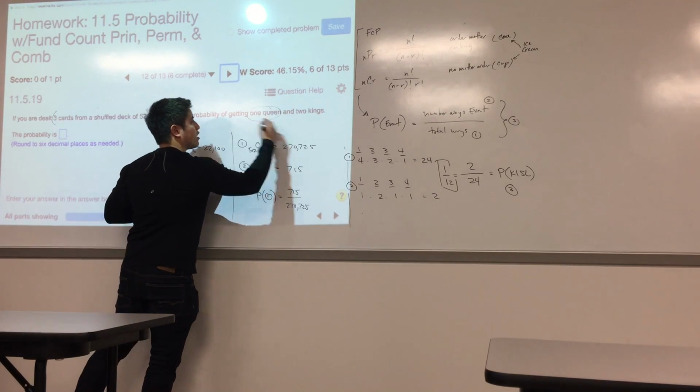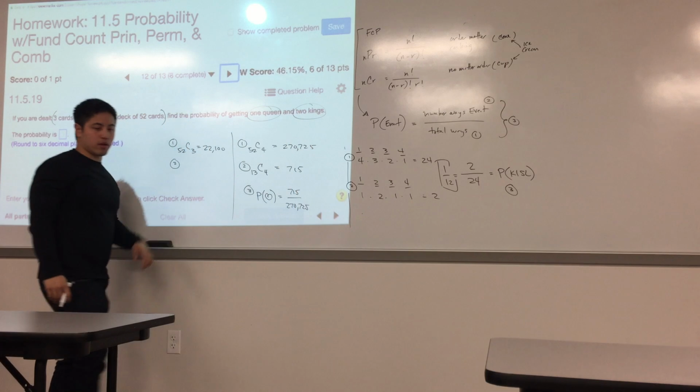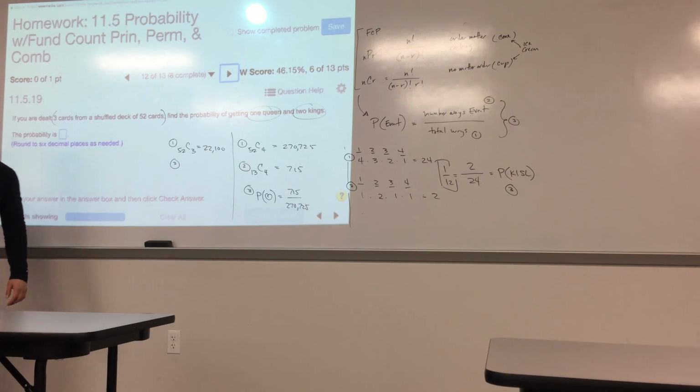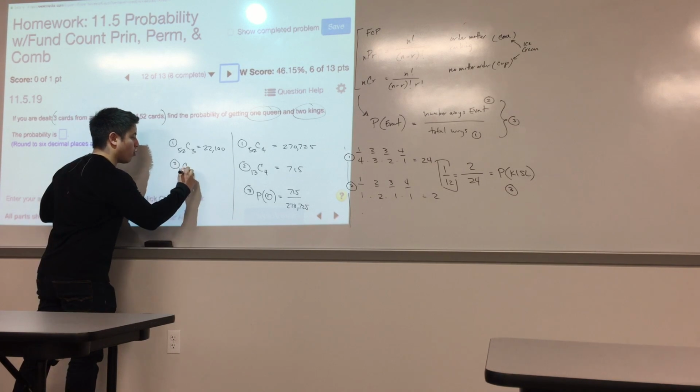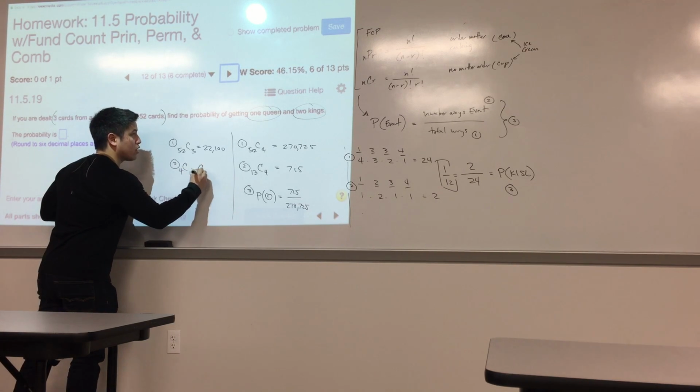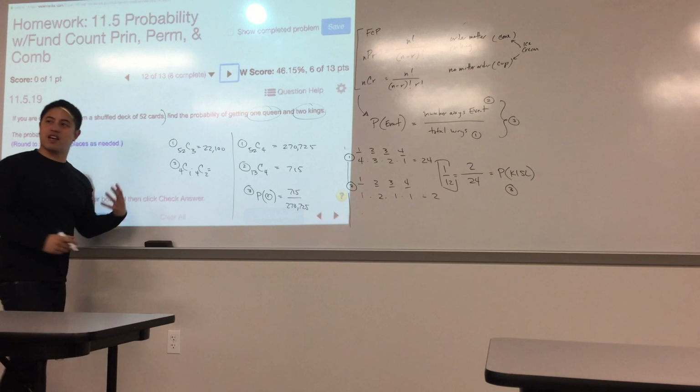Here's my hint for you. This is like Republicans and Democrats. This is like men and women. 52C1 and then times 52C2. You're almost there, but you don't have 52 queens and 52 kings to select from. Oh, so it'd be 4C1 times 4C2. Yes, there you go. Isn't that right?